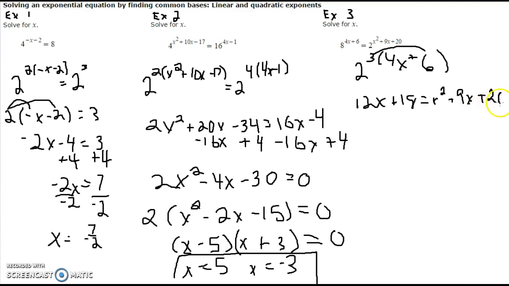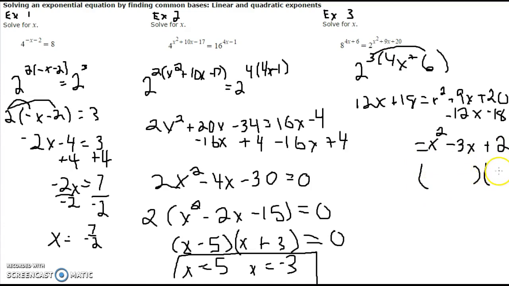So again, I want to get everything on the same side. I'm going to minus the 12x and minus the 18 over here. So minus 12x and minus 18. And that leaves me with x squared minus 3x plus 2. So I'm going to factor that.